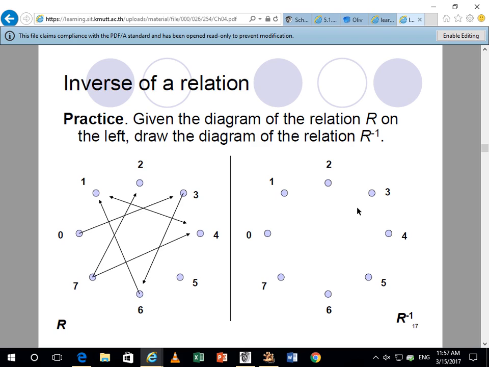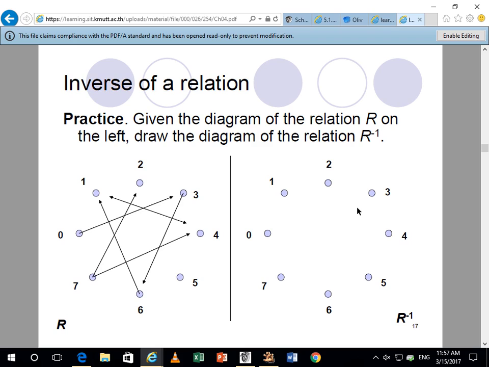Well, there's another property here. In this mapping on the left-hand side, we see we have a two-sided arrow. That means we have the element 1, 4. We also have 4, 1.